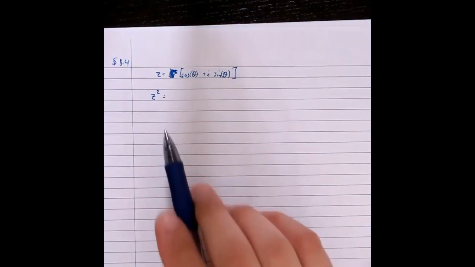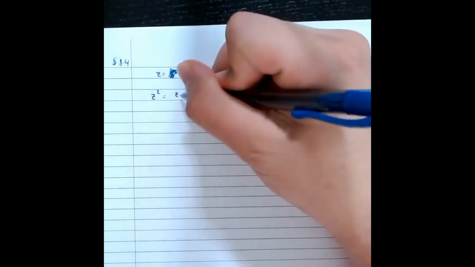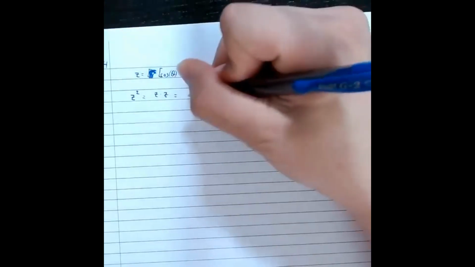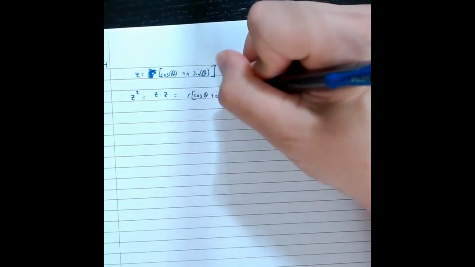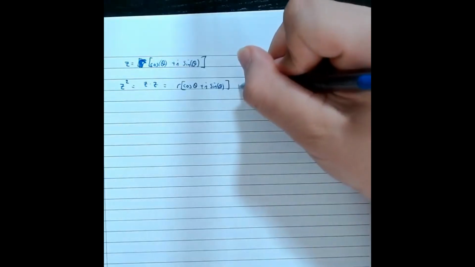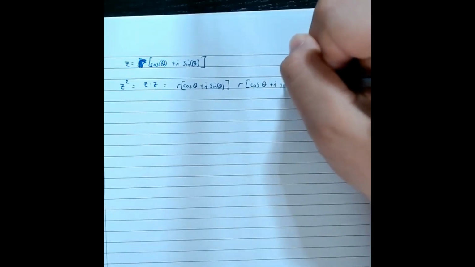Well, that is multiplying. After all, multiplying Z times itself, that's what it means to square Z. So that means we would take r cosine of theta plus I sine of theta, and we would multiply it times another r cosine of theta plus I sine of theta.